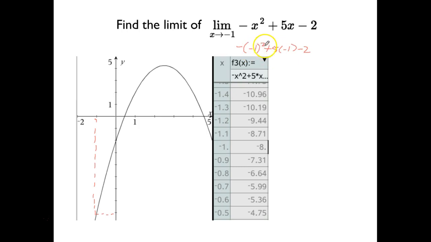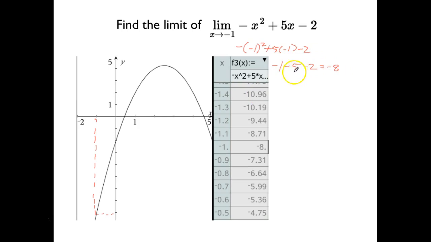Okay, that comes out to -1 squared is 1. Then you have the negative sign out there, so it's going to be -1. And then 5 times -1 is -5 minus 2. And that comes out to -8. And there you go. That is the limit as x approaches -1 on the graph, on the table, and analytically.